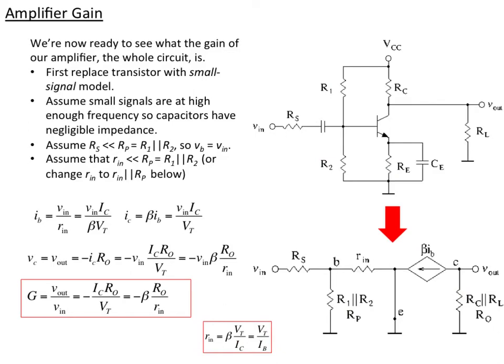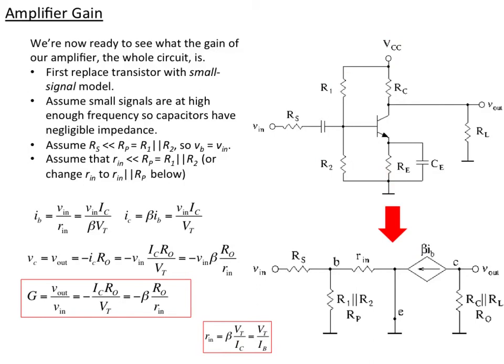We're always going to, so VCC is a constant, so in a small scale signal that's the same as a ground. We're only worrying about changes from a fixed value. And so VCC and ground are essentially both grounds in the small signal high frequency model.